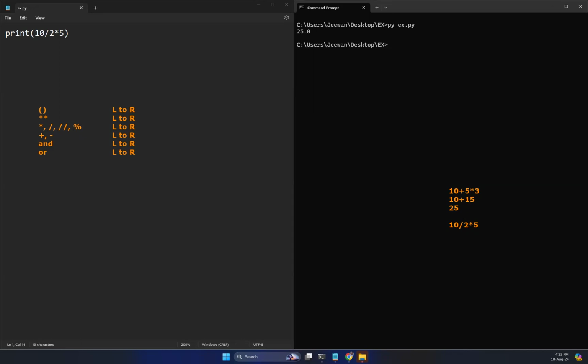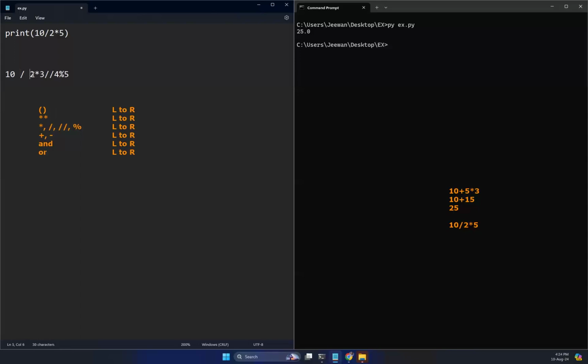Right, now keep this in your mind and let's try out this one as well. 10 divided by 2 multiplied by 3, floor division by 4 and modulus by 5.